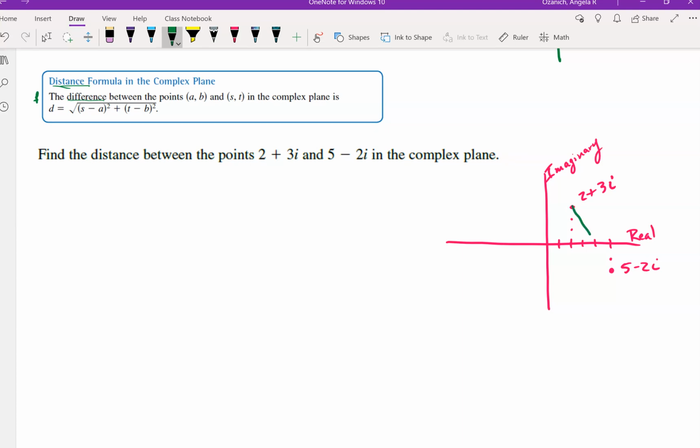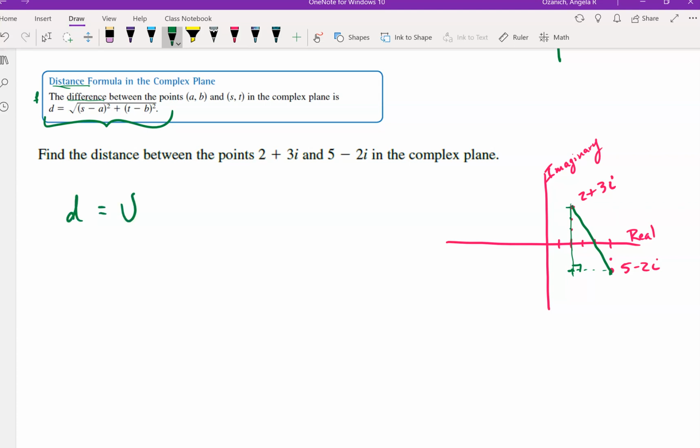We are going to take the difference in our imaginary components, and then the difference between our real components. Distance formula is based on the Pythagorean theorem, so we can just jump those numbers into their correct spots here, and we'll figure it out.